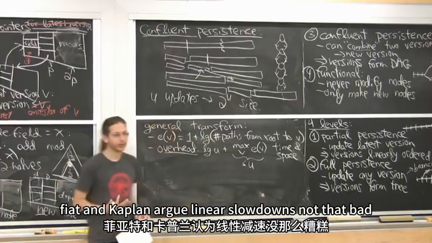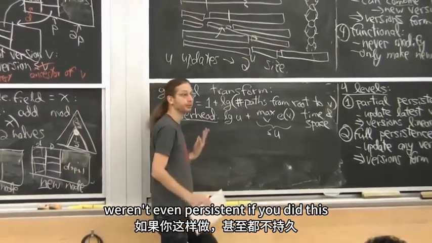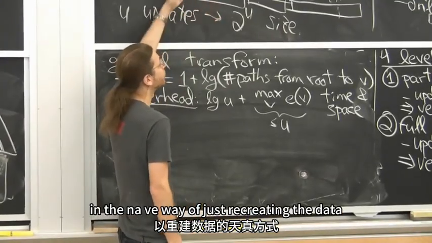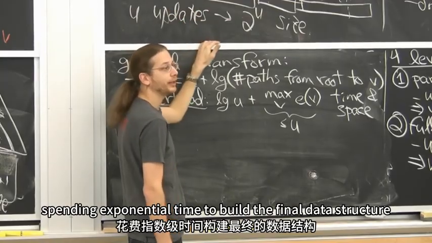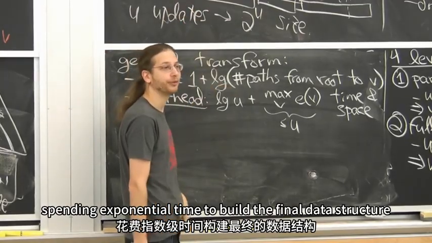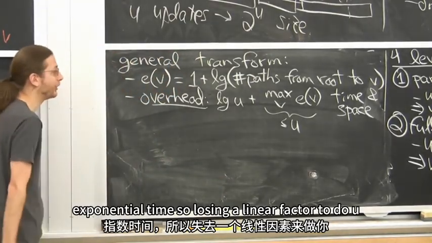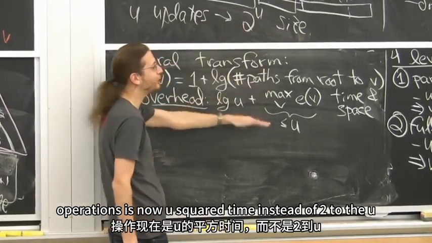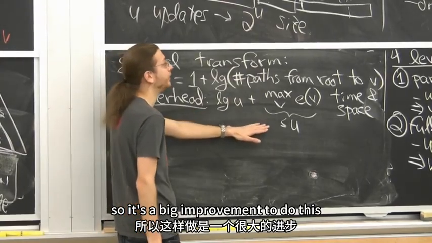Now, Fiat and Kaplan argue linear slowdown is not that bad, because if you weren't even persistent, if you did this in the naive way of just recopying the data, you are actually spending exponential time to build the final data structure. It has exponential size. Just to represent it explicitly requires exponential time. So losing a linear factor to do U operations is now U squared time instead of 2 to the U. So it's a big improvement to do this.